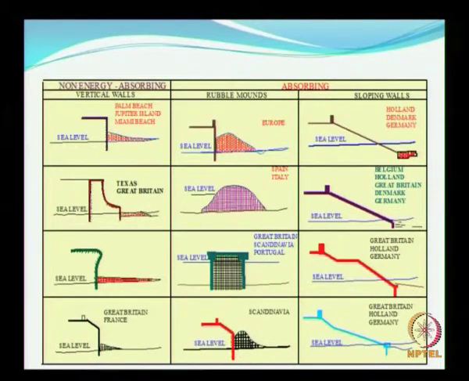Note that the locations where some of these kinds of walls have been constructed are all incorporated in the slide. And also note that all the pictures show here what is called the toe protection, which is very important for taking care of the stability of the structure.